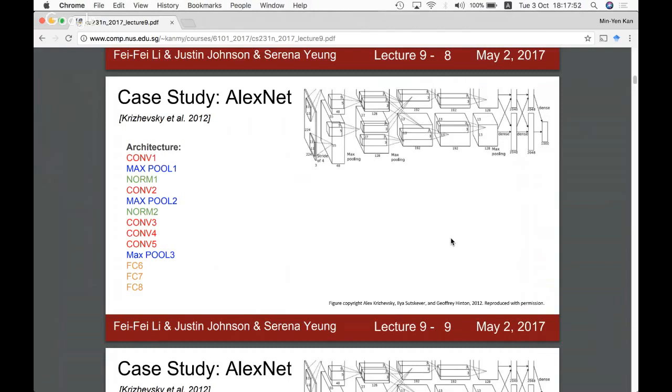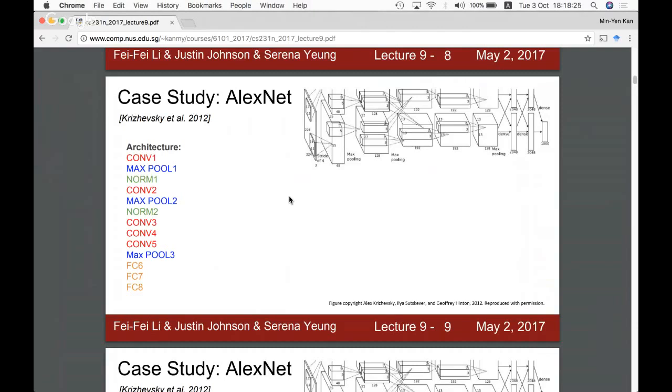The dataset is much bigger than the one LeNet used. LeNet used the MNIST dataset, about 60,000 pictures in total, but the AlexNet dataset is over 1 million. This is the architecture of AlexNet, which is much deeper than LeNet.